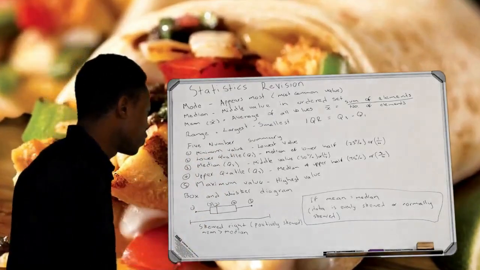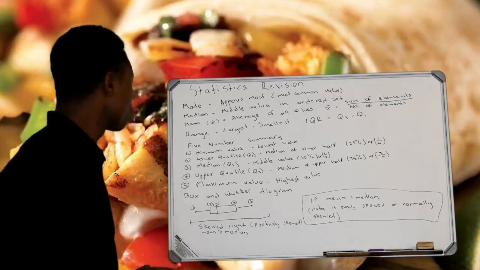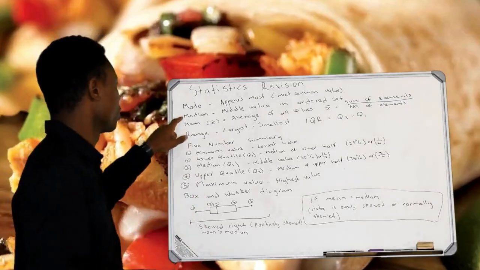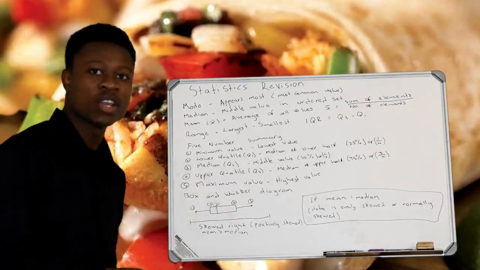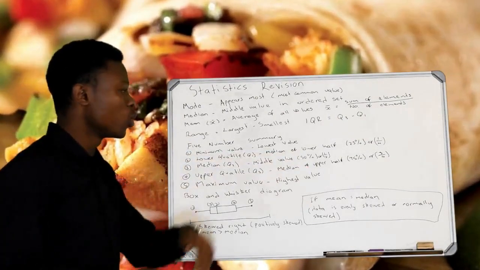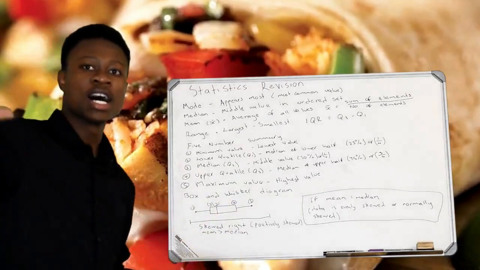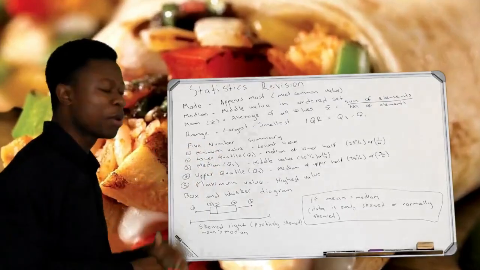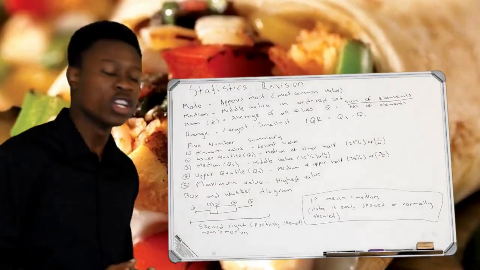Number 3 is the median, which is Q2. It's the middle value. This is 50%. We already spoke about the median. It's the middle value in an ordered data set. For your lower quartile, median and upper quartile, your data has to be ordered.